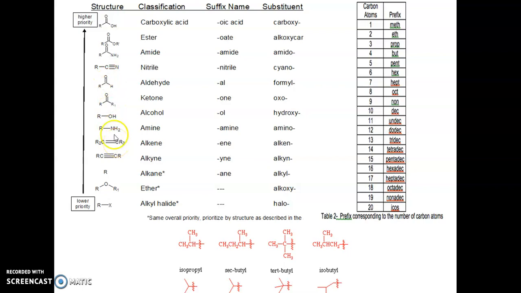That means they will not act as principal functional groups for that compound, they will act as a substituent. Substituent means they will be present in the side chain, not in the main compound.